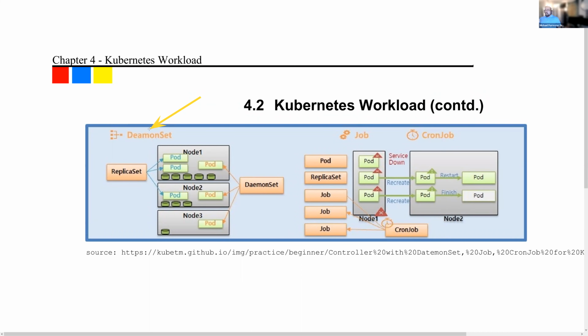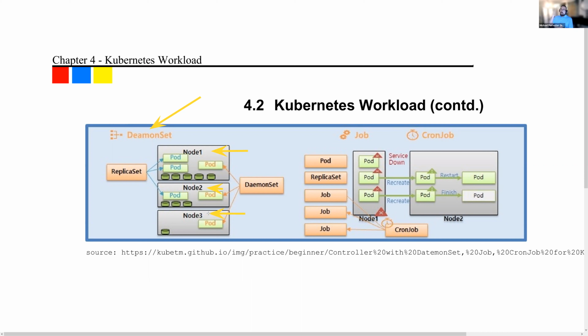Now, daemon sets are really interesting because when you need to run a pod on every single node, no matter whether that node is added by you or added by Kubernetes or added by AWS, any node that's part of the cluster, you use a daemon set.